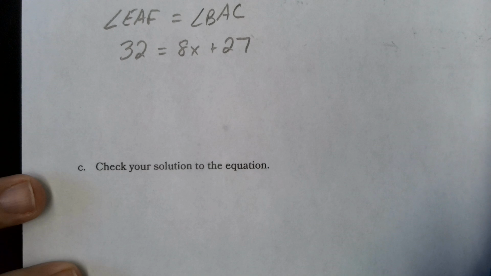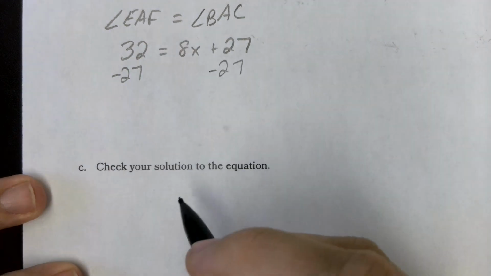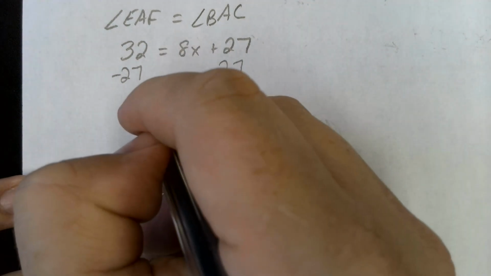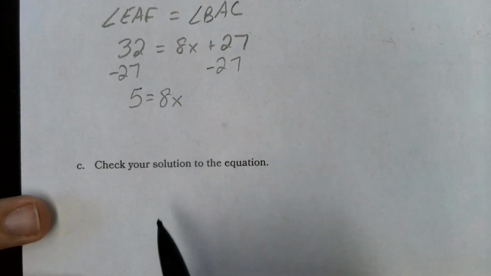Our first step is to get rid of the constant. So plus 27 means I have to do minus 27 for the inverse, which leaves me with 5 equals 8x.